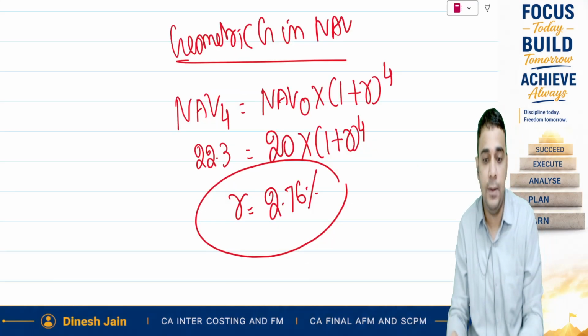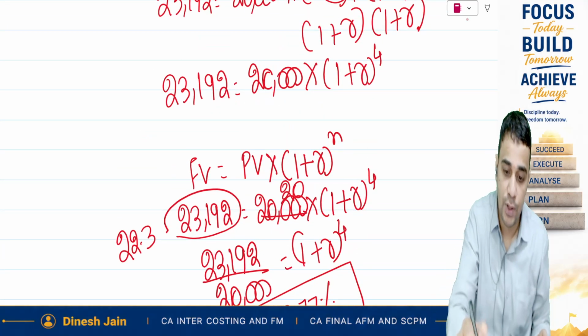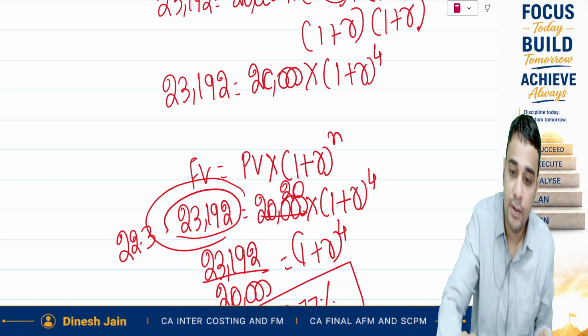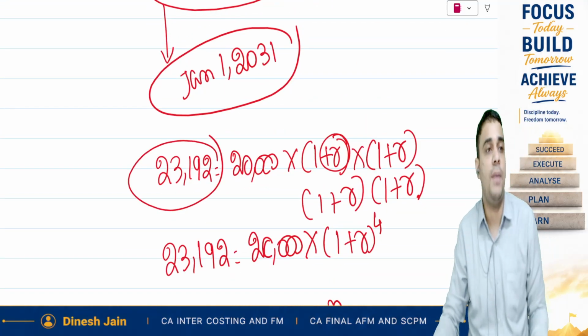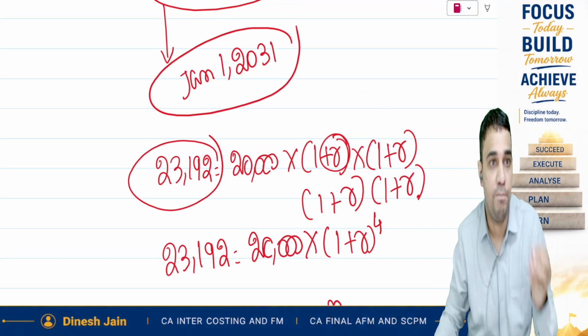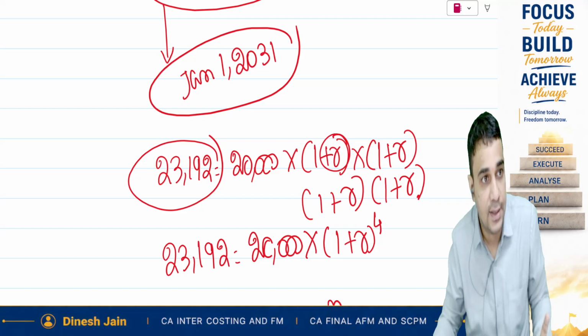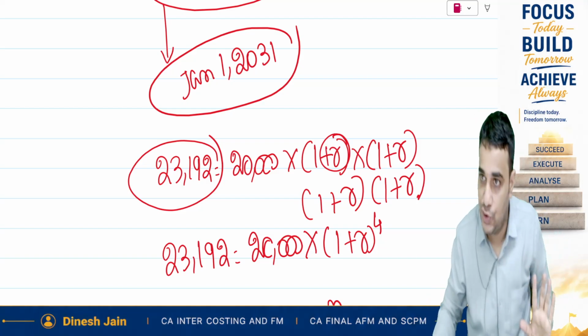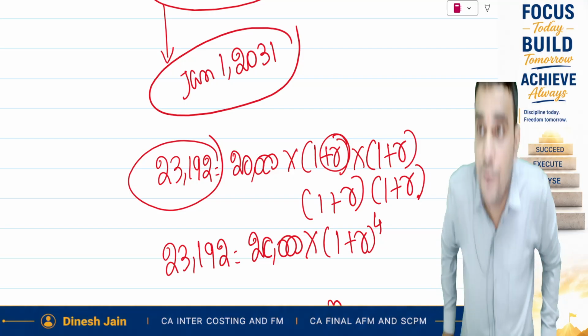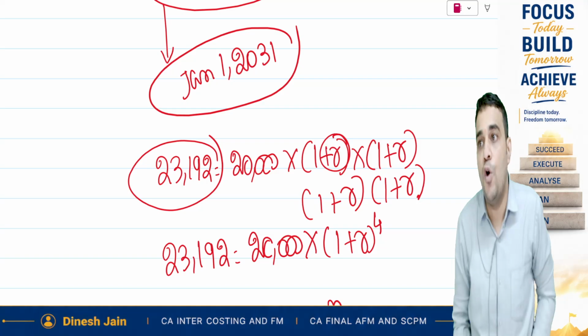For example, in this question, you will not get 23,192. I'll get 23,192 minus 2%, minus 1%. Some percentage they may deduct and give. That was a 4-year question, but assuming there was an exit load even for 4 years.